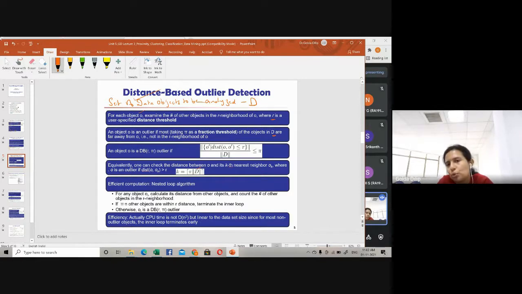It is called the reasonable neighborhood of an object, or user-specified distance threshold. The user can specify that particular distance threshold, which is why it's called the user-specified distance threshold or reasonable neighborhood of an object.